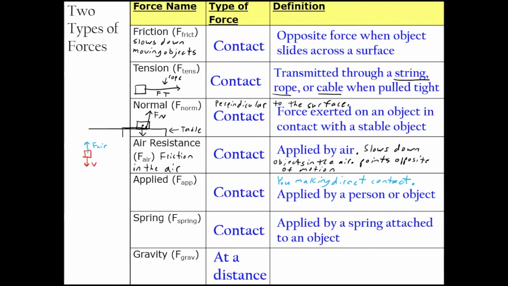Is anything touching it in the air that's bringing it down? No. Gravity is a result of the Earth. The Earth is not touching my object when it's in the air. Since gravity is so strong, it can interact with objects by not touching them. So again, like we said, we're just going to define gravity as the attraction towards the Earth. And something really, really important to note about gravity is that it will always point down.